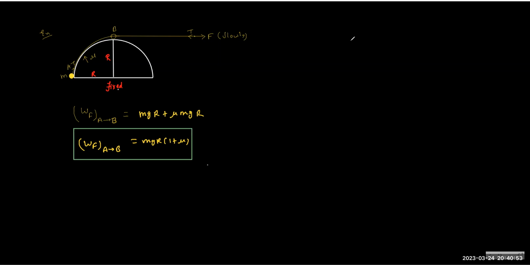The other category is called chain problems. And then there are many more categories. So we have to do a lot of things in variable force.